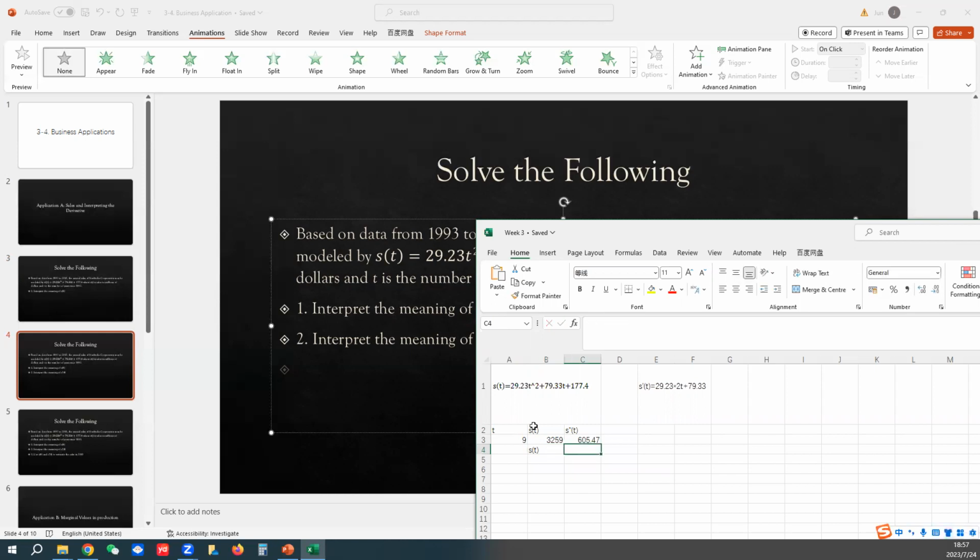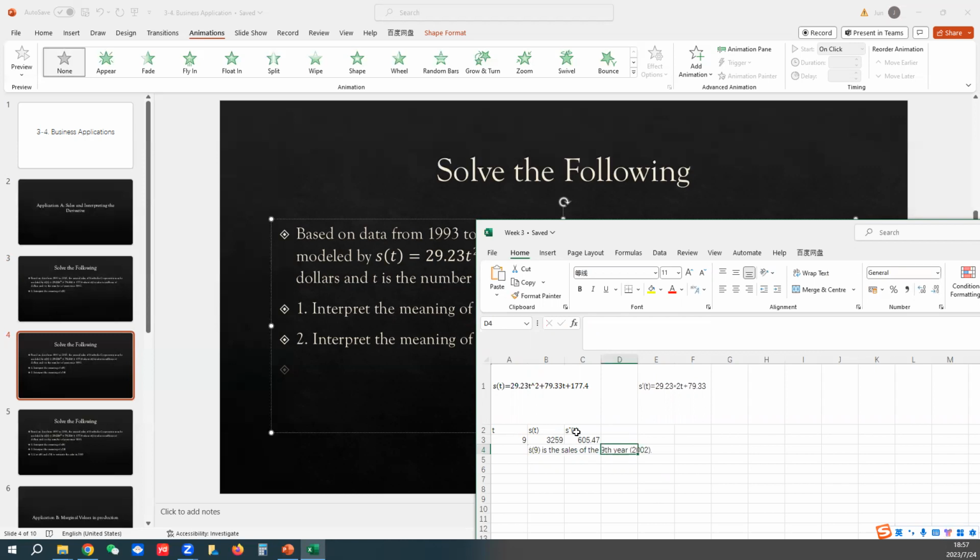S9, the interpretation of that, as we previously said, is the sales of the 9th year, 2002.